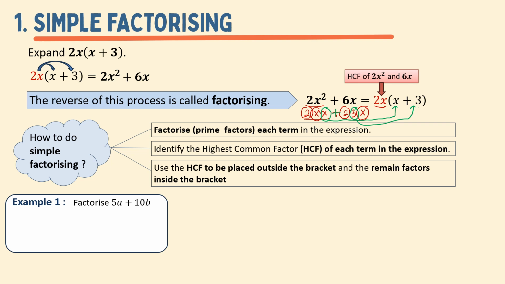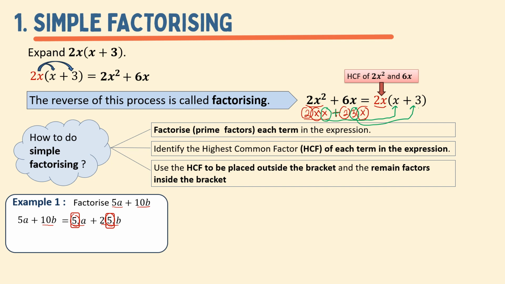Example 1. Factorize 5a plus 10b. As you can see here, there are two terms, 5a and 10b. So you need to decompose 5a first. 5 is already a prime number, so just decompose it into 5 times a, and then decompose 10b into 2 times 5 times b. So from these two terms, can you find the common factors between them? Yes, it is 5.